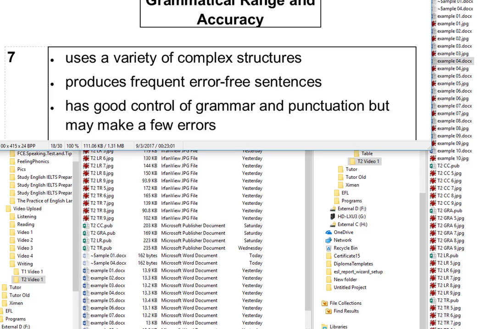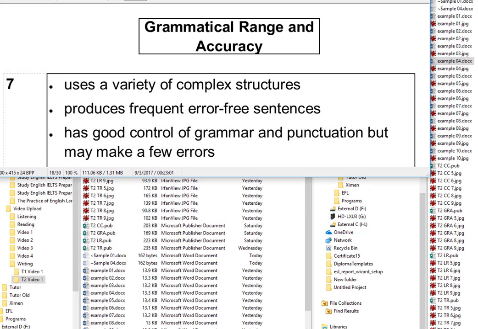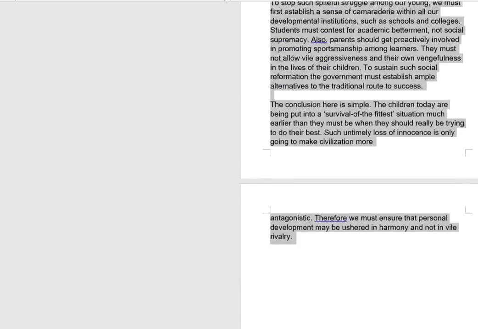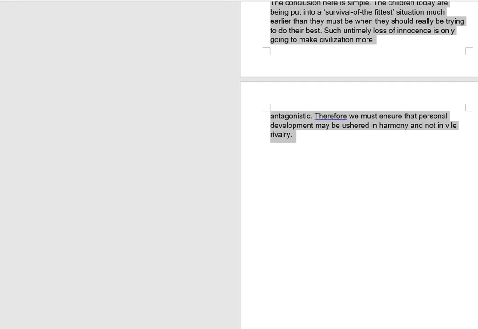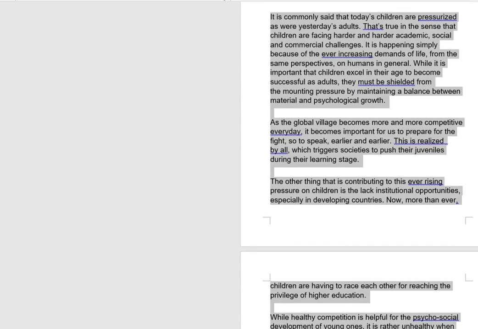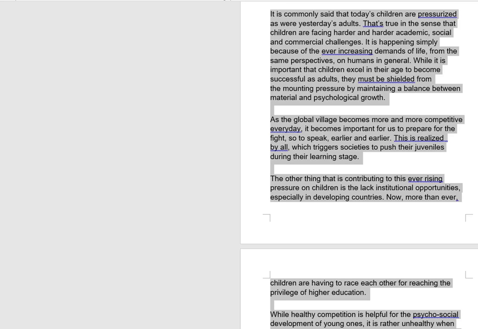So this might be a pretty fair score for grammatical range and accuracy. But the biggest problem, as I said before, is that the word count stands at 376. Makes this a terrible example, because obviously this was not written under exam conditions. This is somebody who just sat down and decided to write an example.